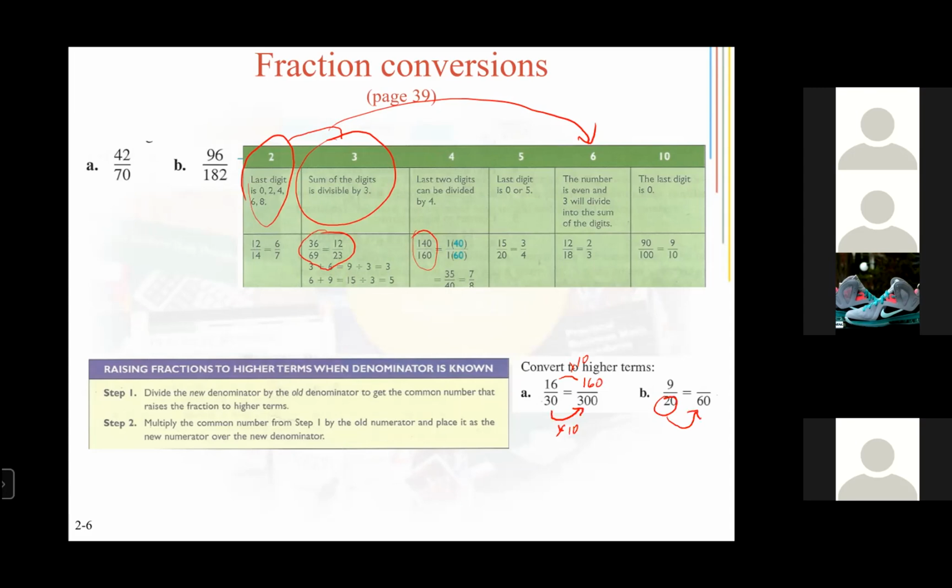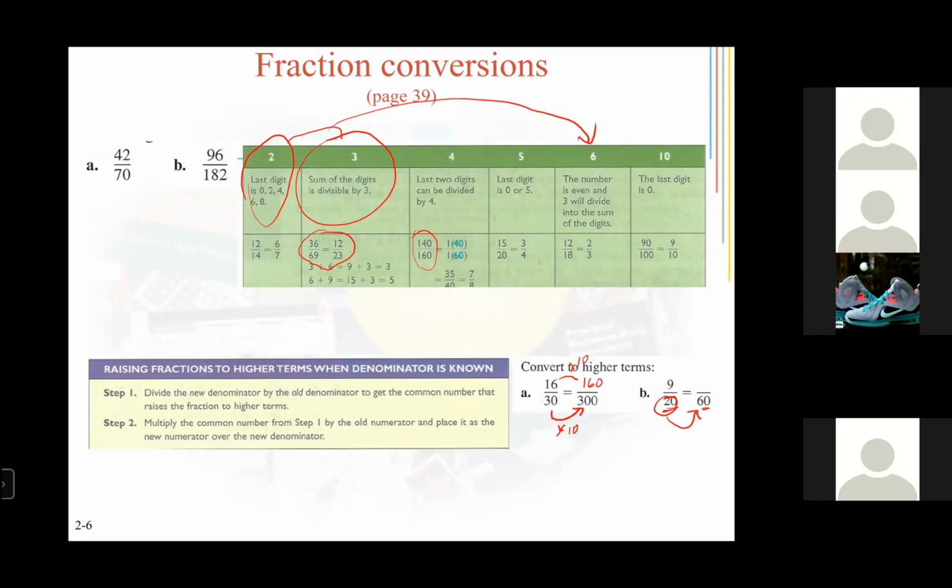Are you seeing my screen? I am. Yeah. So our denominator is 20, and we are changing it so that the fraction is now out of 60. So what are we multiplying 20 by to get 60? All you have to do is divide, and you'll see. How many times can 20 go into 60? 3 times. Right.